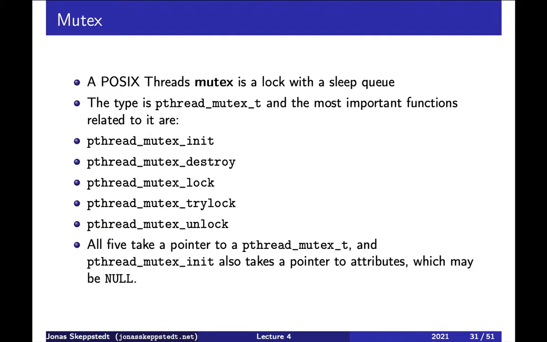Okay, so a Mutex. The C functions are always called like this, pthread mutex, and then we can initialize it. And what this means is that we have already got the memory for the Mutex, and we pass the address of this Mutex to this function to initialize it.